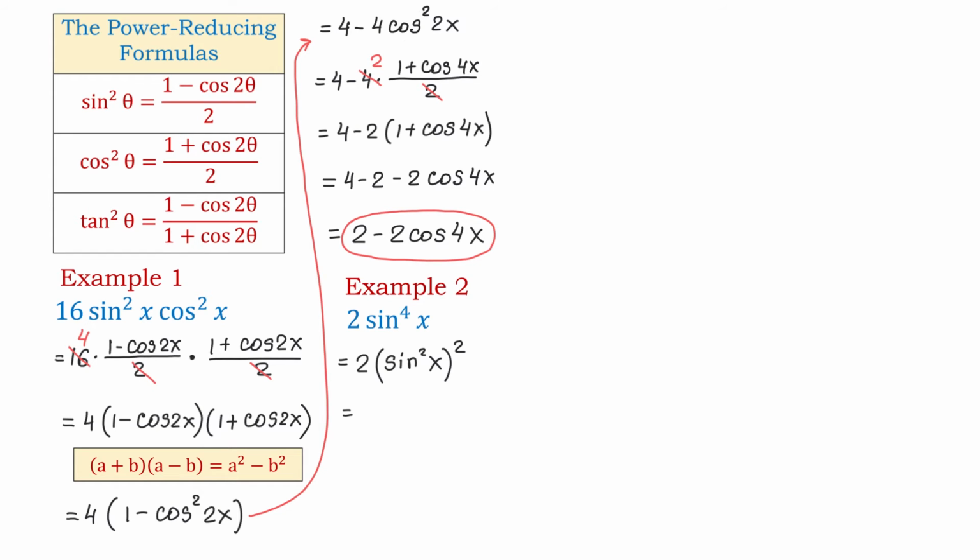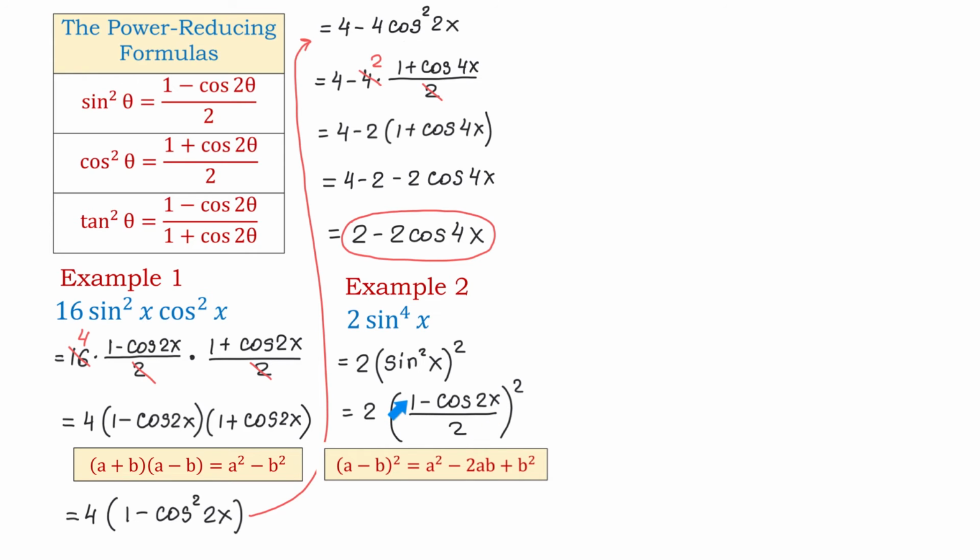So now we will have 2 parentheses 1 minus cosine of 2x over 2 all to the second power. Now to raise a fraction to the second power, we will raise the numerator to the second power, then the denominator to the second power.